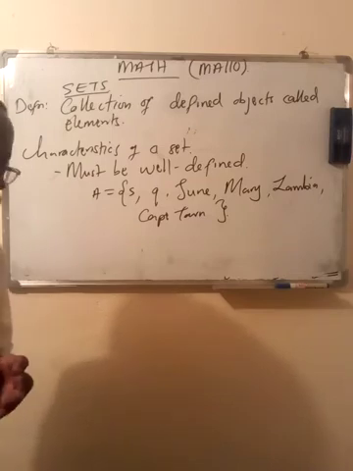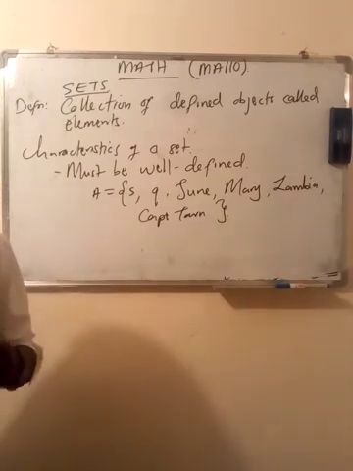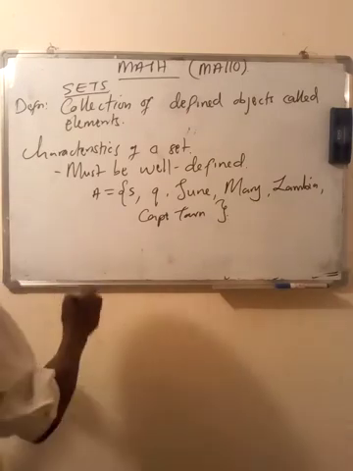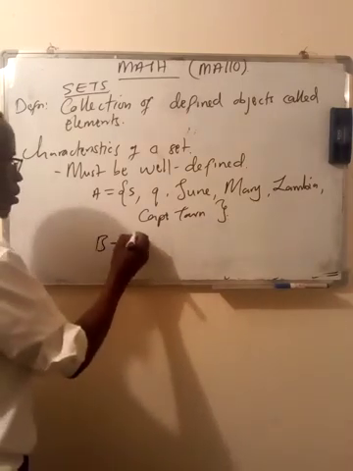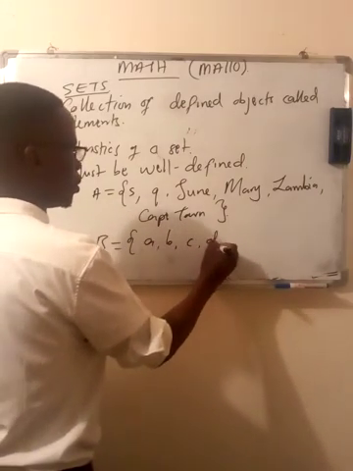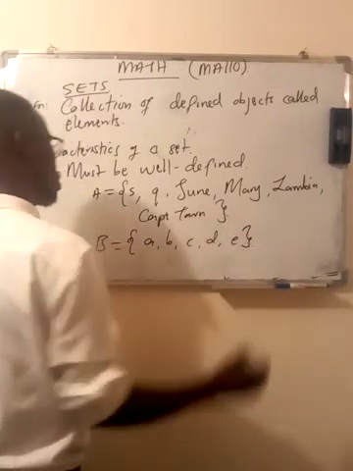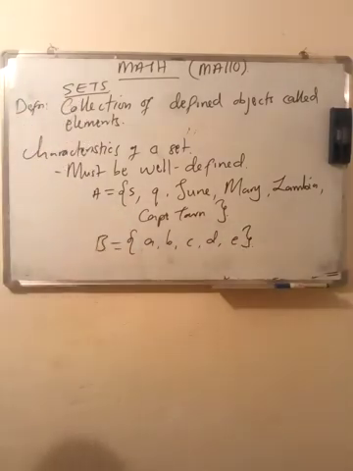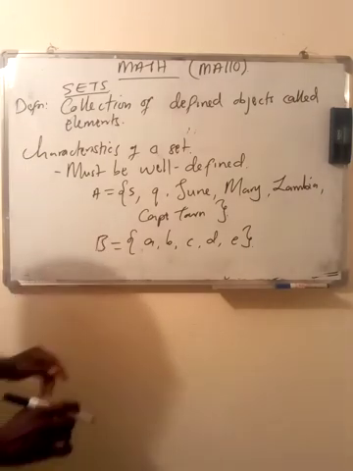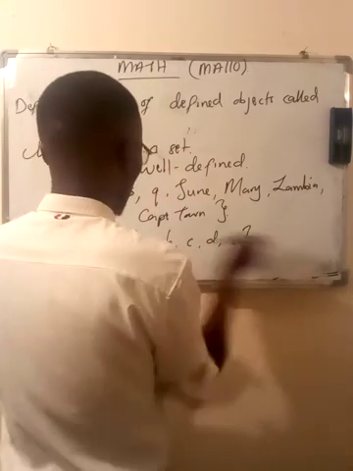For example, let's say set B has A, B, C, D, and E. We can easily tell that set B is a set of letters, A to E. So this one is improper, we can't have a set like this, and this one is proper. It's well defined.